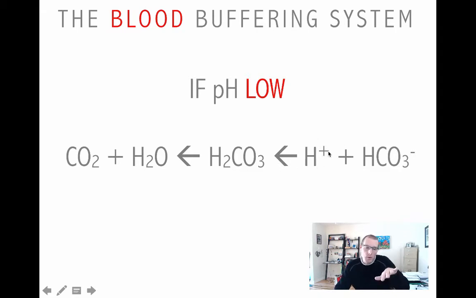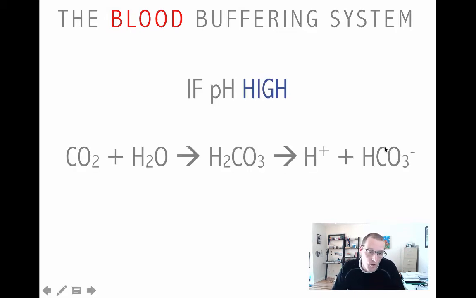And so if the pH is low, there are too many protons, and so the bicarbonate acts like a sponge. It kind of absorbs them, and that causes the proton concentration to drop, and the pH goes back up again. And the reverse is true. If we have the pH being too high, that means there aren't enough protons, and we've got to release protons to get the concentration of protons up and drop the pH. What will happen is carbon dioxide will combine with water.